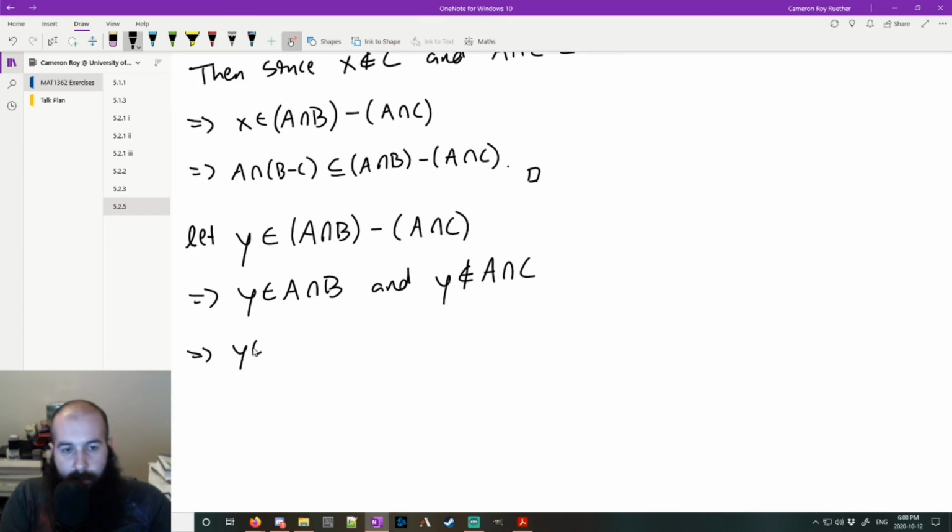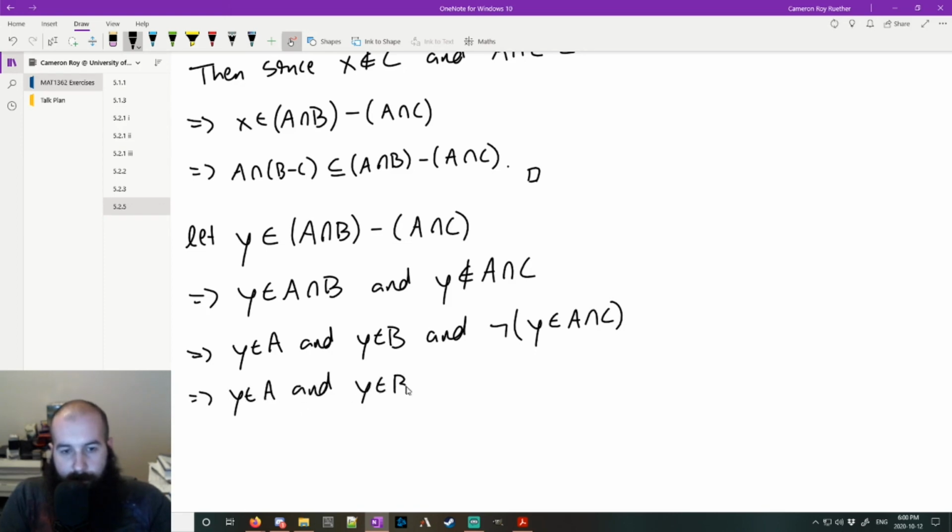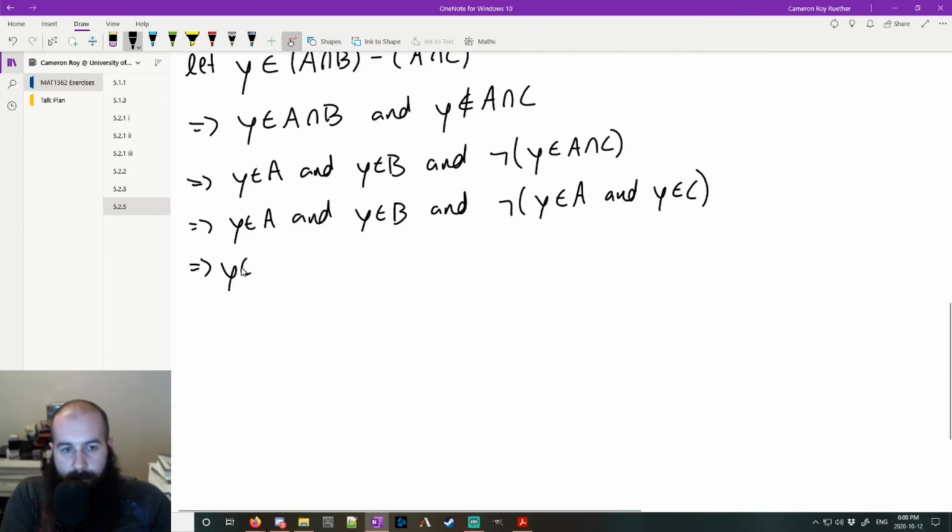This means Y is in A and Y is in B. This we're going to first write as the negation of Y being in A intersect C. We can expand this into Y being in A and Y being in C. Then we can distribute this negation to get Y is not in A or Y is not in C.